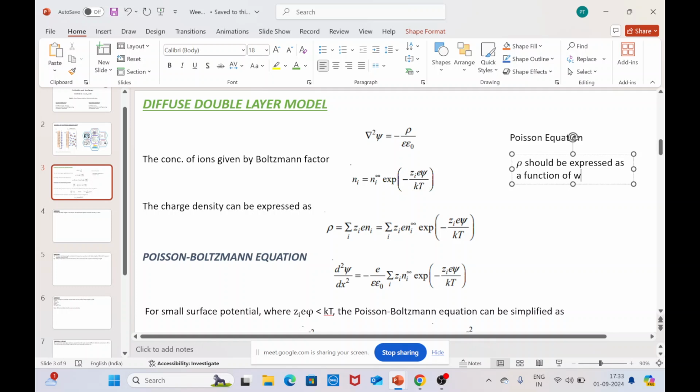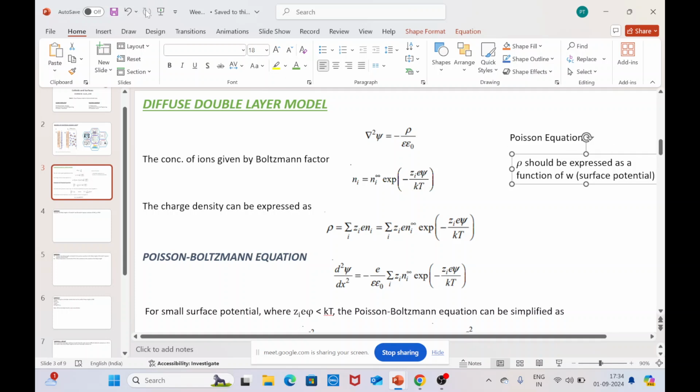Psi is nothing but the potential, or you can also say surface potential, which will be more precise. So this rho, the charge density, should be expressed as a function of your surface potential.